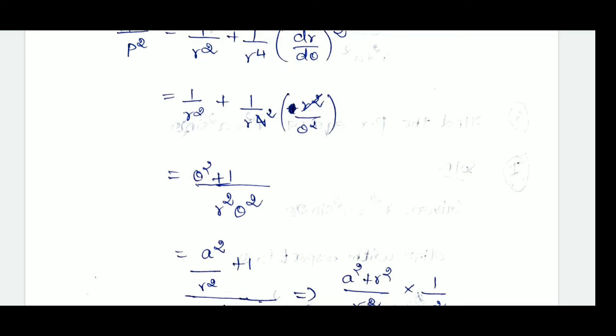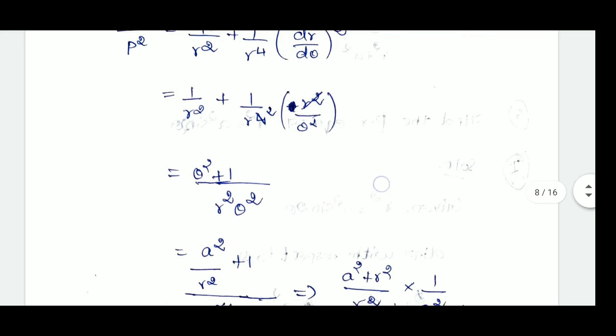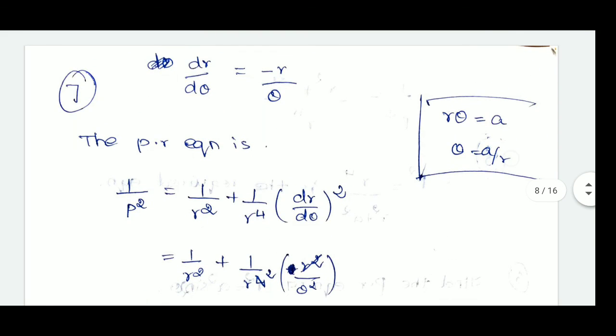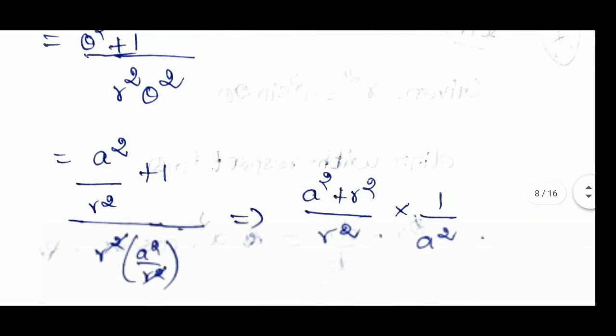In the first term, in the denominator, we didn't have theta square, so multiply the numerator by theta square, plus 1 by r square theta square. Instead of theta, we can substitute a by r: (a by r) the whole square plus 1 by r square into, instead of theta square, again we substitute a square by r square.